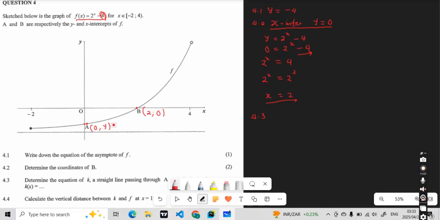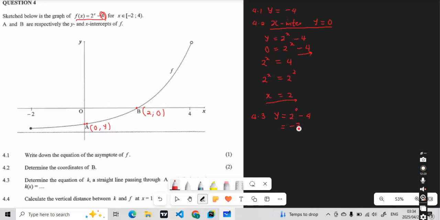We do not know the value of y, but now we can work it out because we know x. The value of y is going to be y equal to 2 to the 0 minus 4. Anything to the power of 0 is 1, and 1 minus 4 is minus 3.